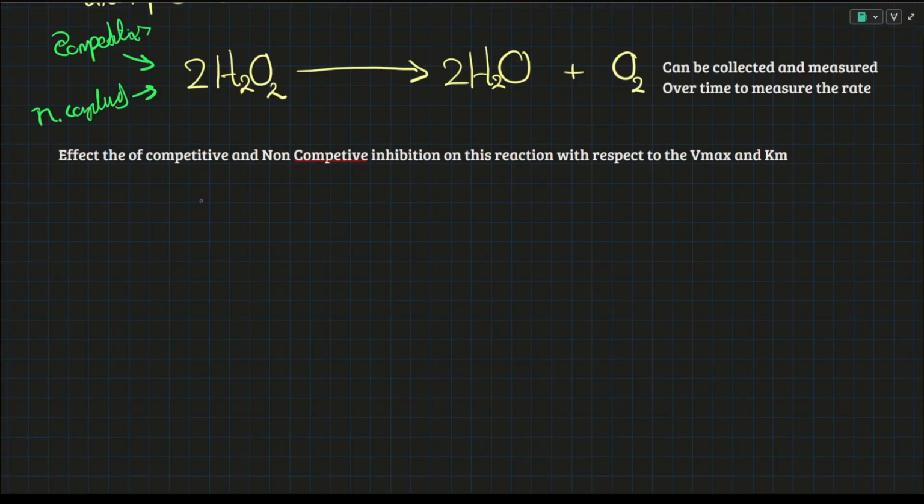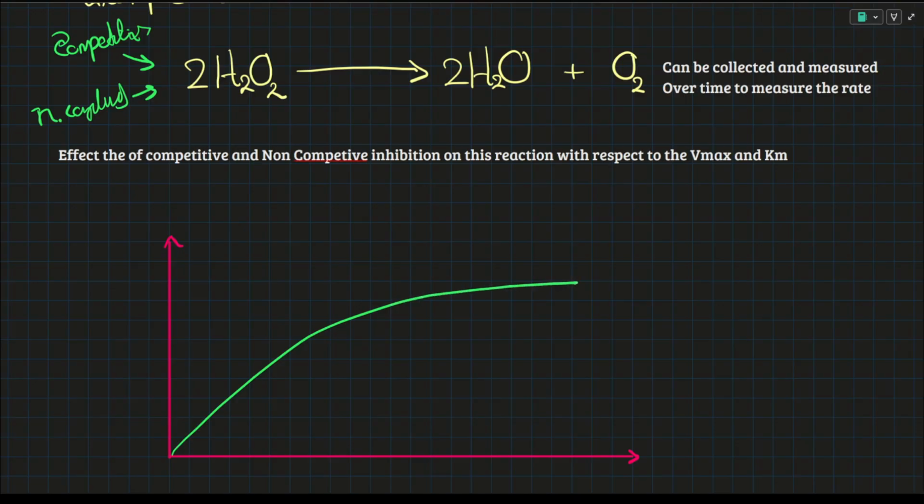I'm going to draw a graph. Okay, let's start with the normal reaction. That's my normal reaction. If I was to measure the Vmax of my normal reaction, it would be somewhere over here. And half Vmax is going to be, 1, 2, 3, 4, 5, 6, 7, 8, 9, so 4.5, somewhere over here.